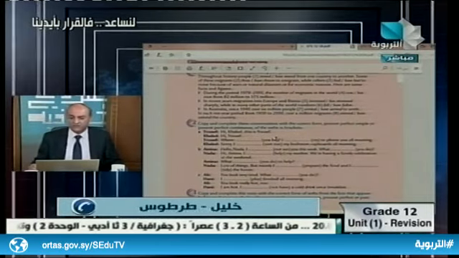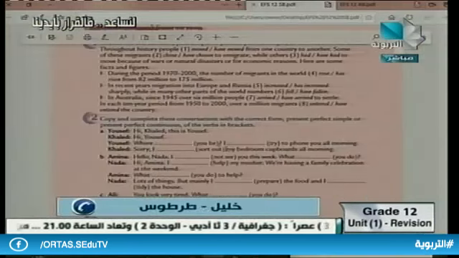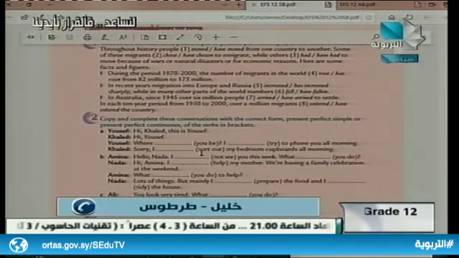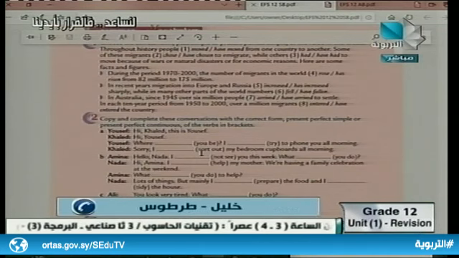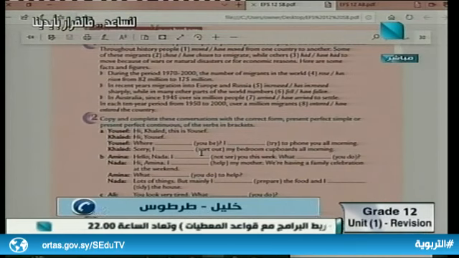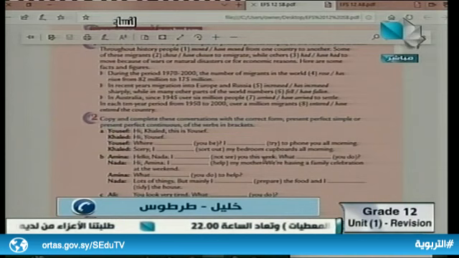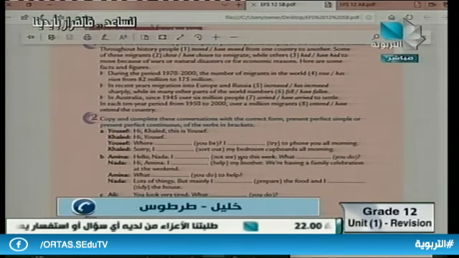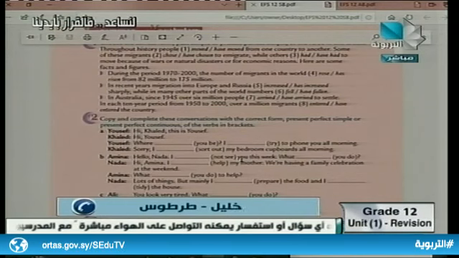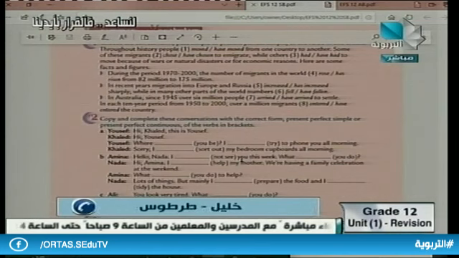Here, the present perfect continuous is used. Why? Because it can be used to talk about an action from the recent past that has an effect now, especially when you have a length of time like all morning, all day, all week, for a year, for a month. Here we use the present perfect continuous to refer to something from the recent past that was in progress for some time.